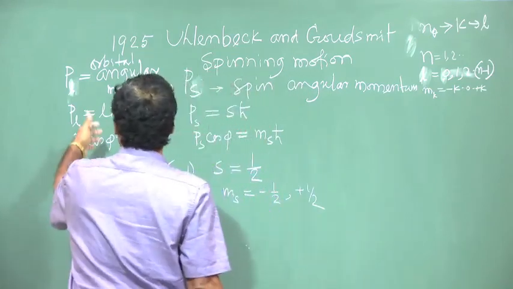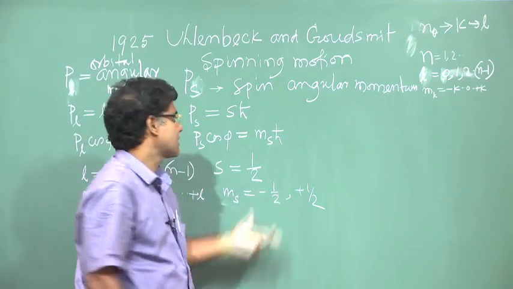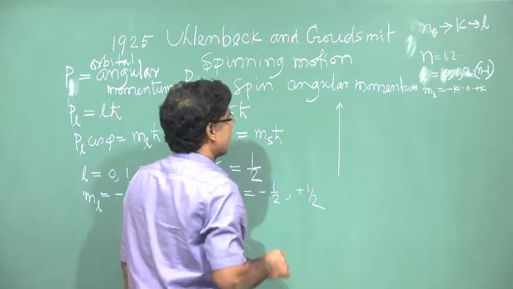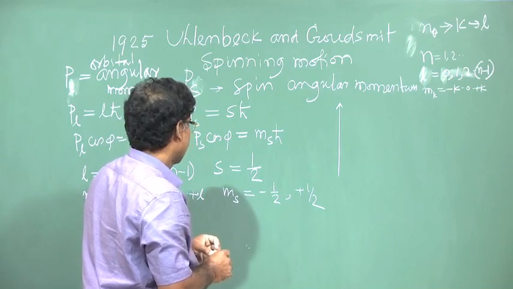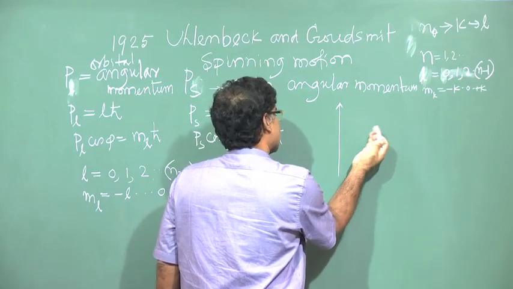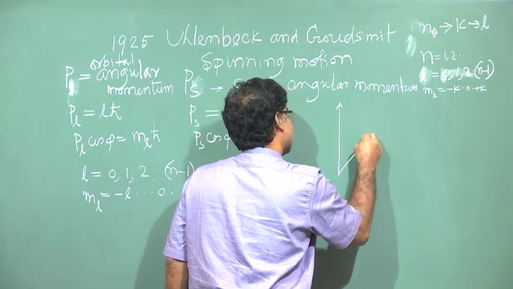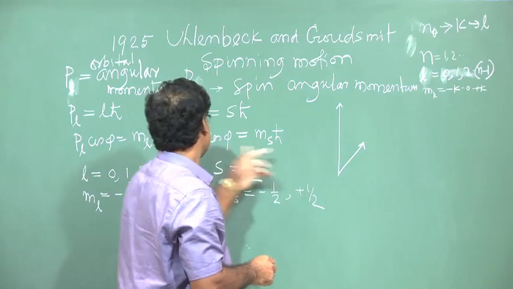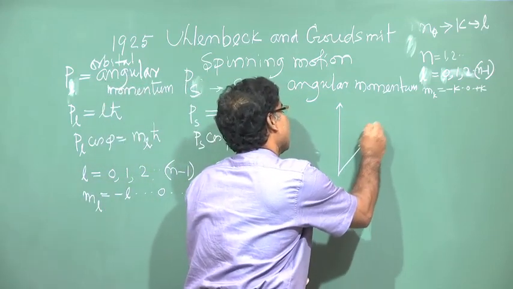So, I have shown you the meaning of this space quantization. Here the meaning of space quantization is similar: this is the fixed direction, and the spin direction is whatever the spin direction is, cos phi, Ps cos phi. So, this is the Ps, like PL that we have.